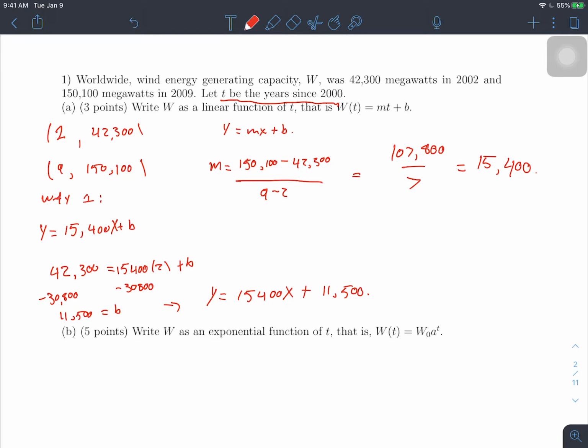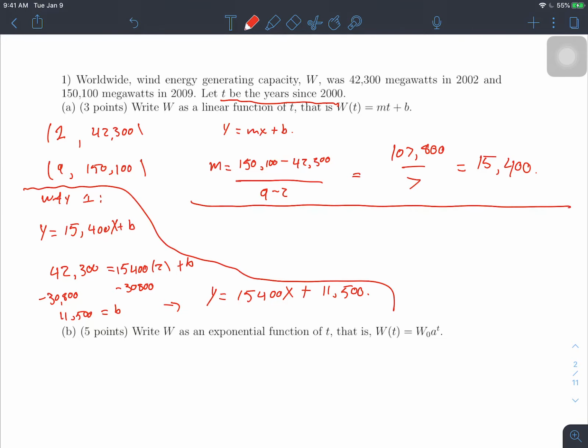So that was way number 1. Way number 2 is use y minus y1 equals m times x minus x1. So what we would do is just take one of these 2 points and plug it in for x1 and y1 in this equation, because we know that each of those points are on the line.